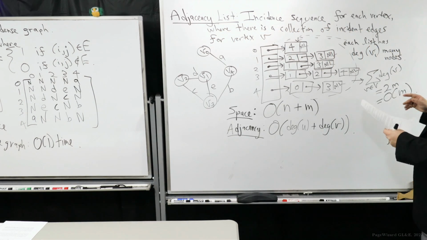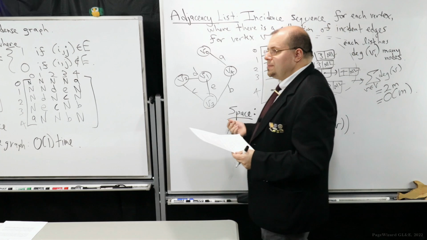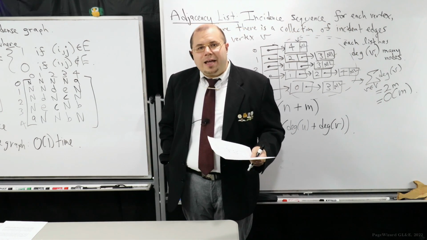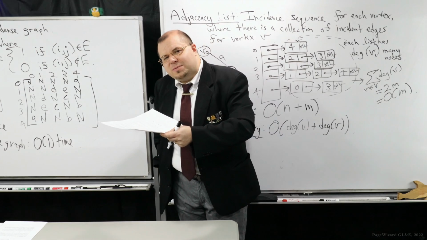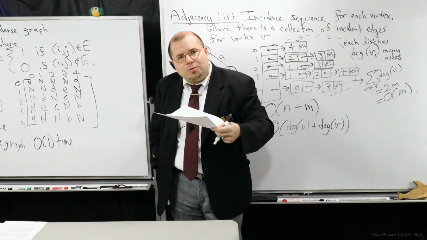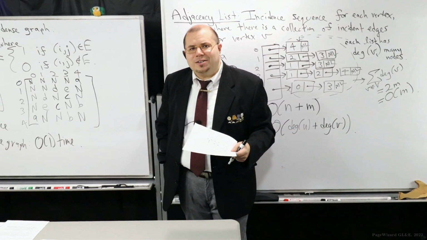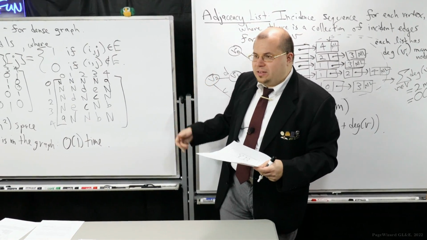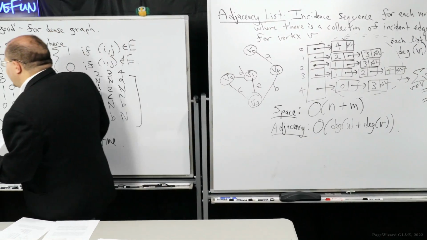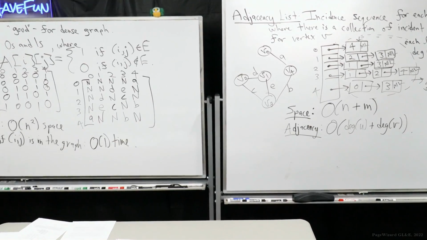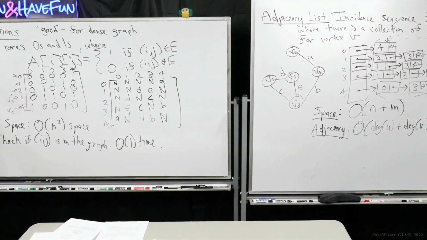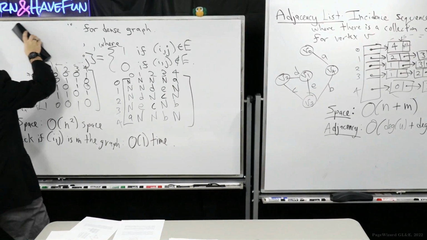So one thing I wanted to bring up for you, just to cap off this discussion, is why would we care if a graph is dense, like a complete graph, or sparse, where it has very few edges? It's not close to big O of n squared. I thought I would give you an example of a graph that is sparse, and it occurs in many applications.